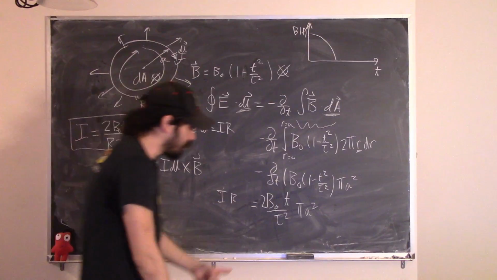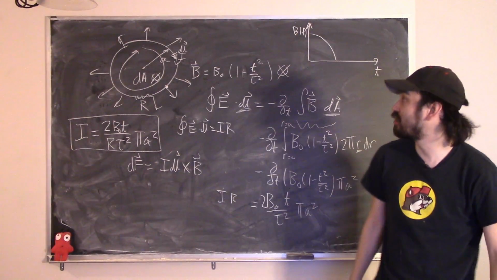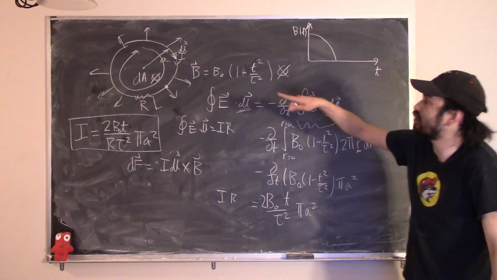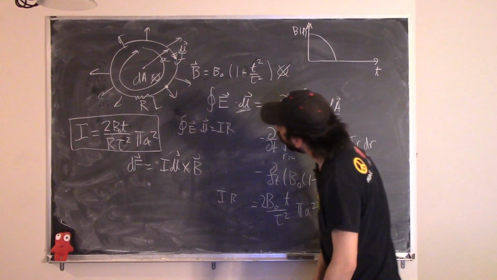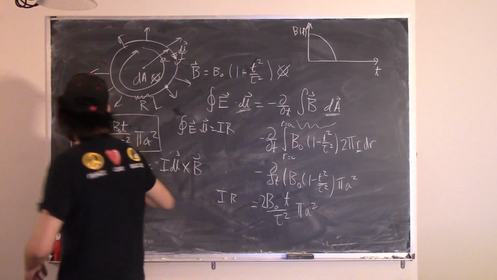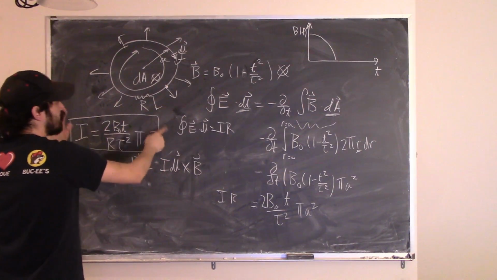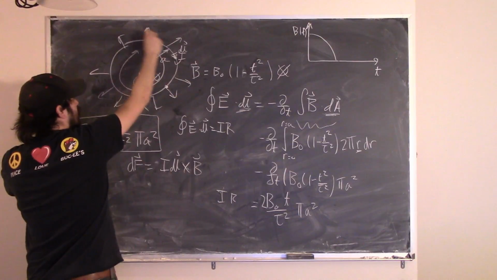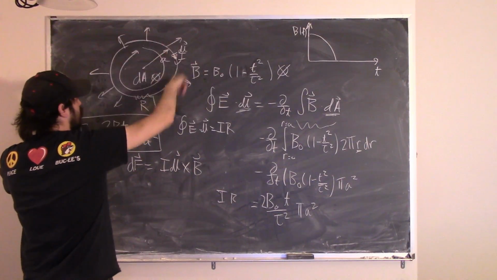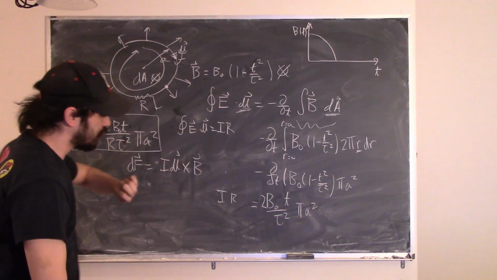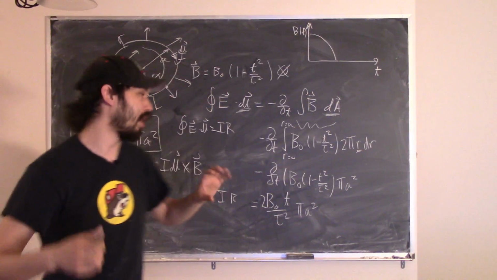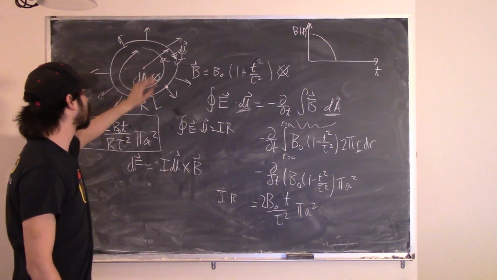We can check that from another approach, to think about what's the direction of the induced magnetic field. So we found from Faraday's law that our current is going to have this value, but it's going to be going around in the clockwise direction. Does that produce a magnetic field that counteracts the change of magnetic flux?